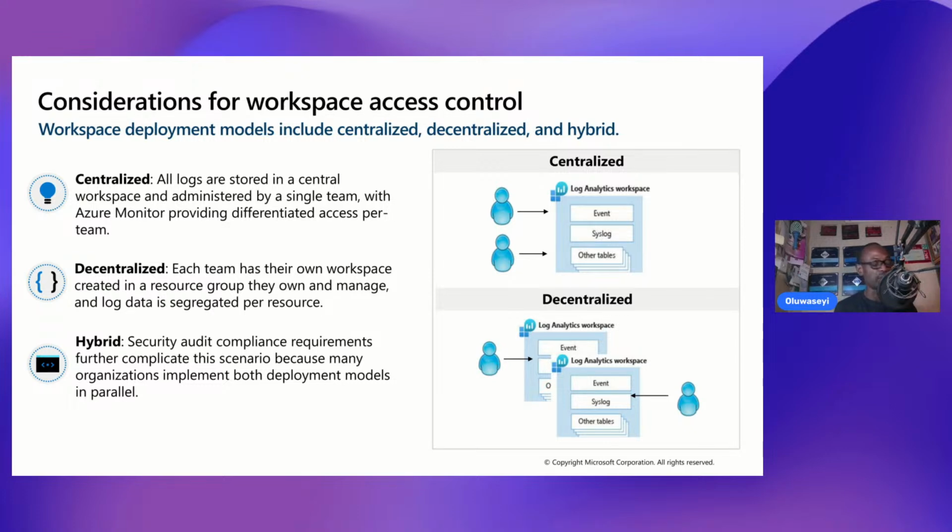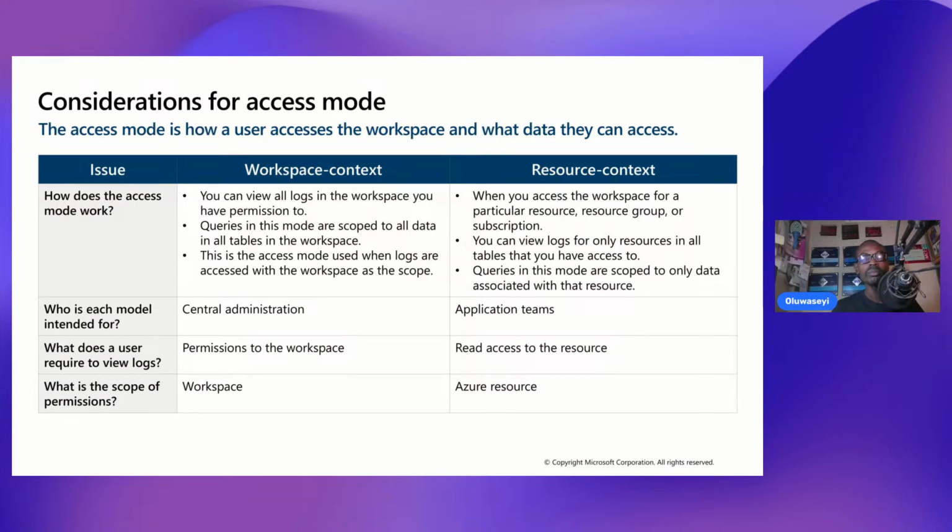So also a hybrid is bringing a centralized environment and a decentralized environment together, and ensuring that you're having it because of security, especially when you want to capitalize on audits and you want to have a better organization of your environment when you have certain environments that are built on certain criteria.